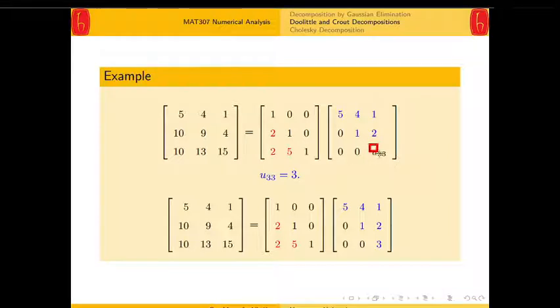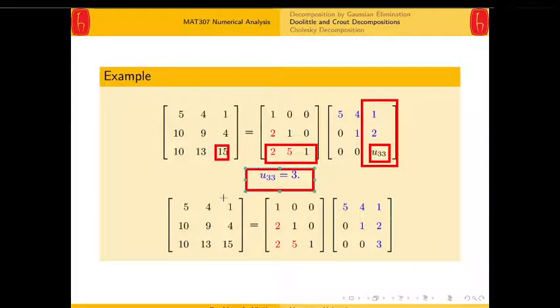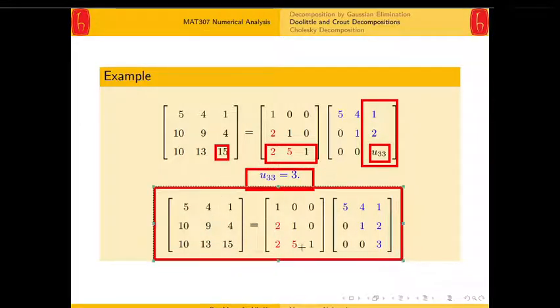Here the only unknown is U33, so we can multiply the last row with the last column. This will give us 4 plus 2 plus 10, 12 plus U33 is equal to 15, so U33 will be equal to 3. So this will give us the LU decomposition of the matrix A.